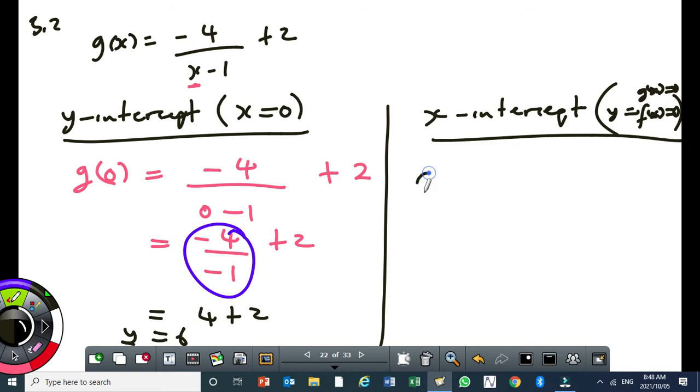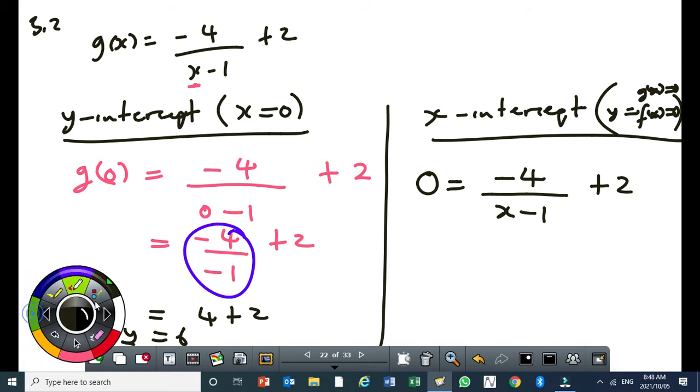If you do that, you get 0 equal to minus 4 over x minus 1 plus 2. Alright? Then, to carry on here, don't complicate things. Take these two to the left hand side.